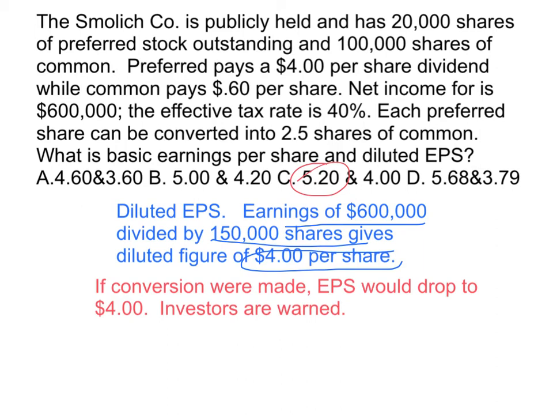We know that the diluted earnings per share now is $4. So again, what we knew before was that the answer is C. If the conversions were to be made, then we would assume that the earnings per share would drop from $5.20 to $4. That's information that investors want to know.